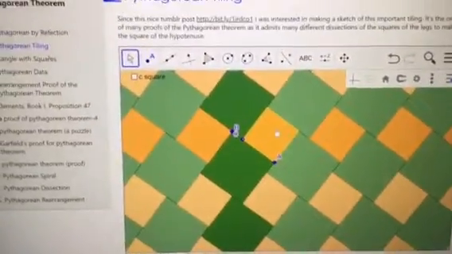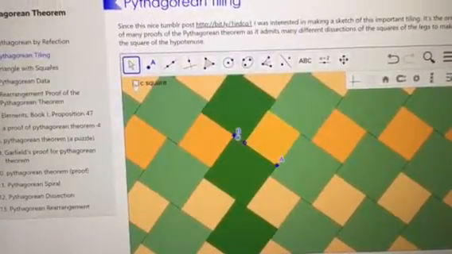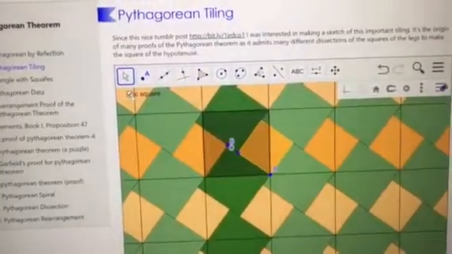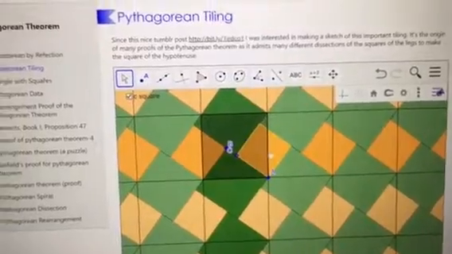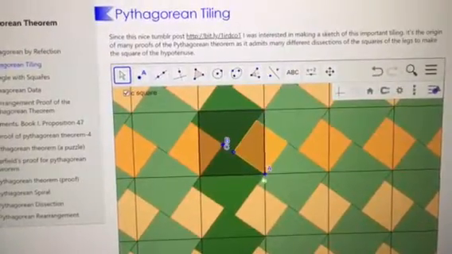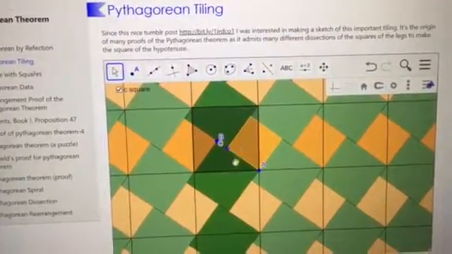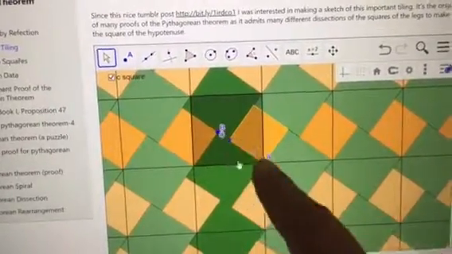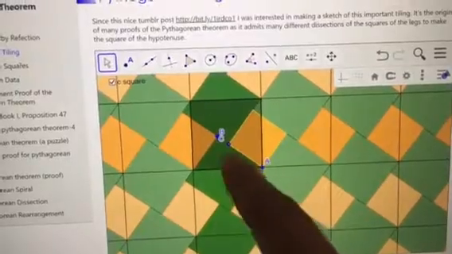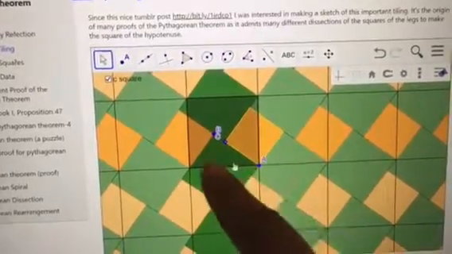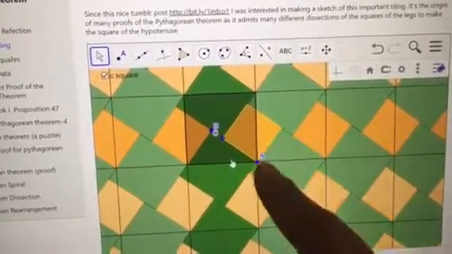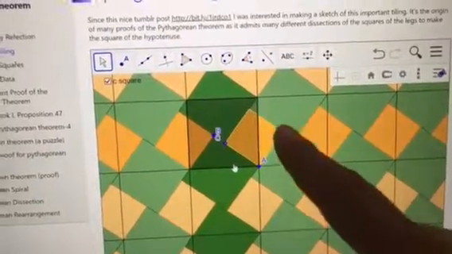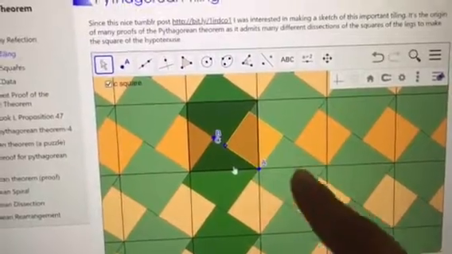And let's check the C-square. So the C-square would be 5 inches. So let's imagine this to be our example, our right triangle. We have, let's look over here, 3 inches, 4 inches, and 5 inches.